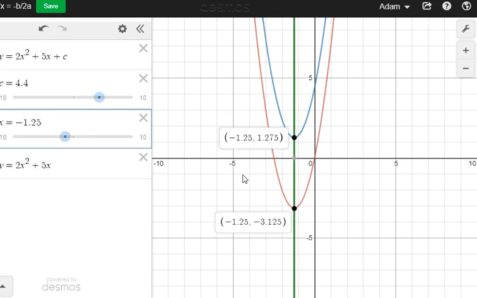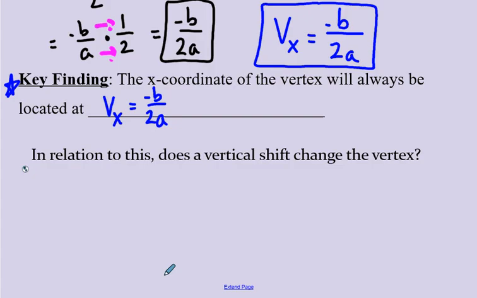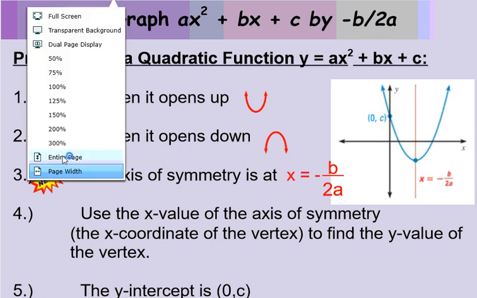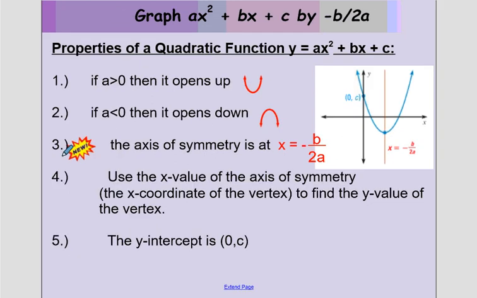Look, negative 1.25, negative 1.25, even though the blue one's not factorable. So this property will work even for graphs that don't have x-intercepts. It actually turns out it works even for ones that do have x-intercepts. So that allows me to graph any quadratics that are or are not factorable.